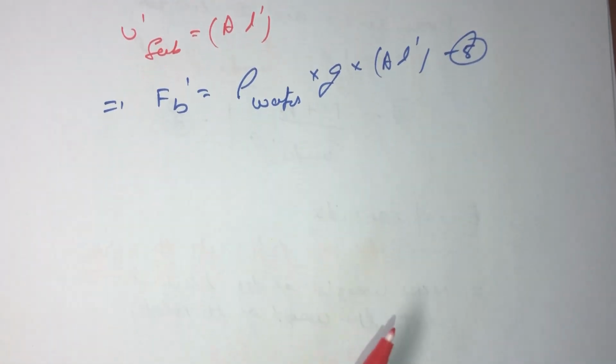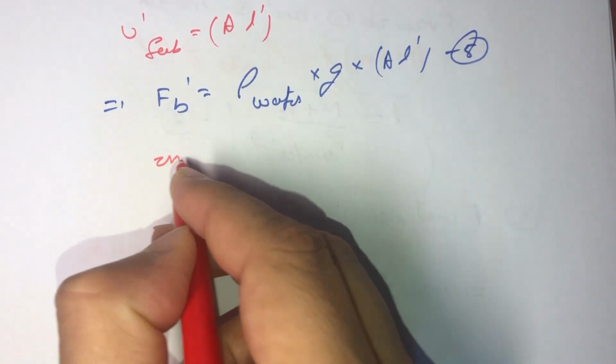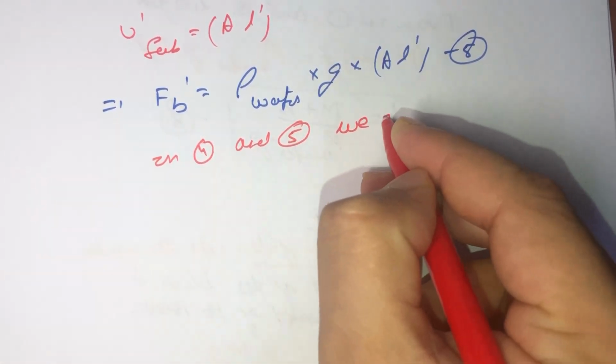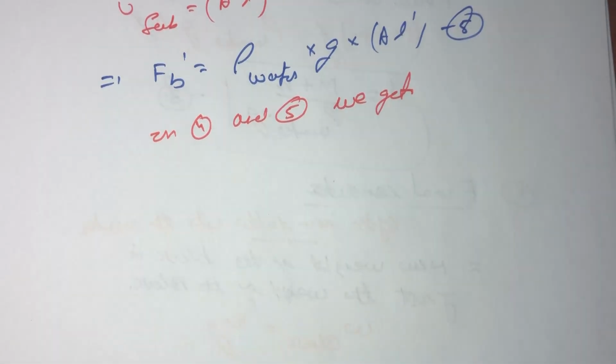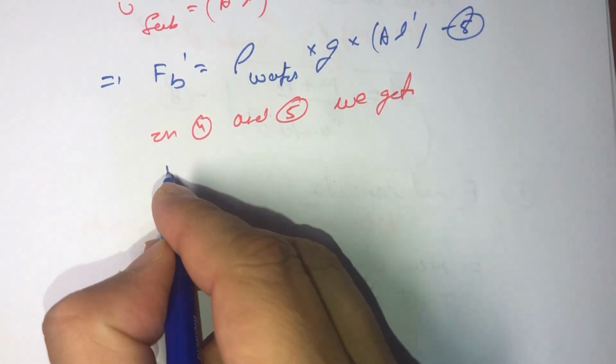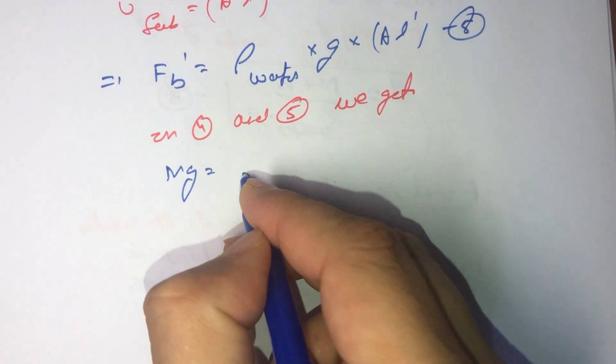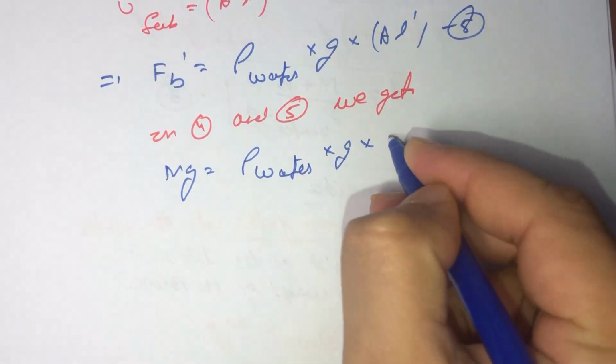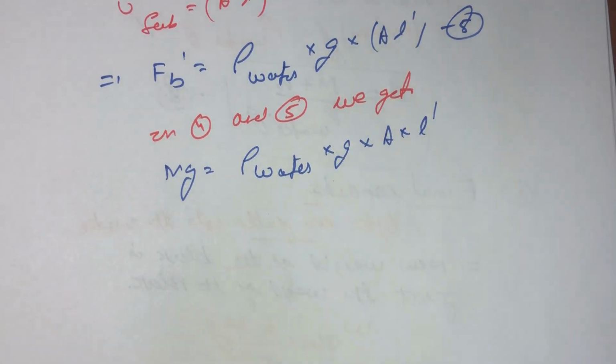So from equation 4 and 5, we get mg is equal to density of water multiplied by g multiplied by A multiplied by L prime.